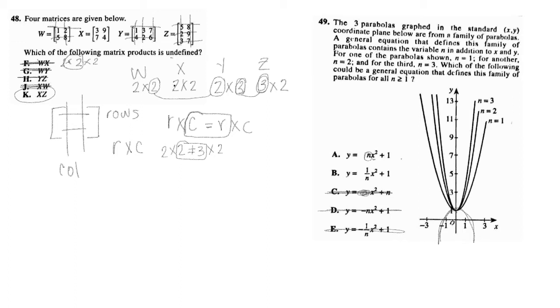So my y values are going up faster than they would here, because 1 over n is actually making those y values smaller. So that 1 over n actually makes our parabolas look a little bit fatter. They're flattening out. That's what the fraction does for us. Whereas the whole number is really making those y values go up quicker. So the right answer is A.